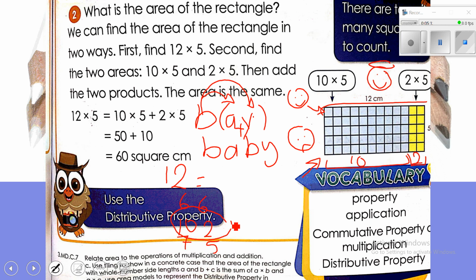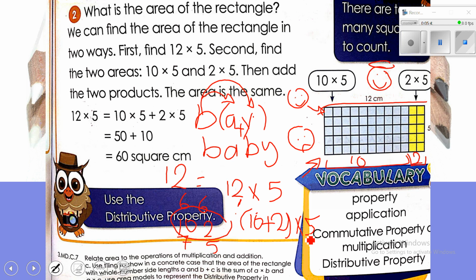So now I apply the distributive property. I can say that 12 multiplied by 5. I want to make 12 into two numbers, which is 10 plus 2, multiplied by 5. So I want to form the baby property, or distributive property.